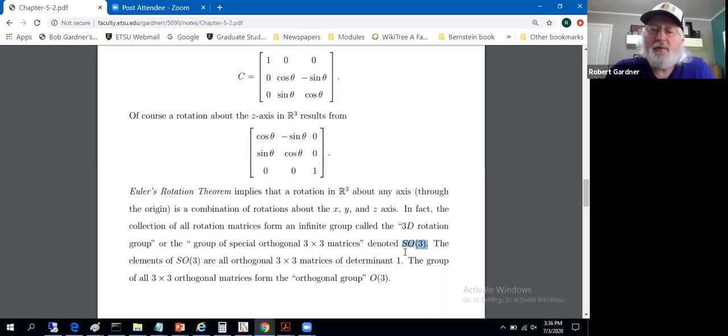Symmetry group of the sphere is what it is. The unit sphere in R3. The special orthogonal group is in fact a subgroup of the orthogonal group. I think we mentioned this when we did orthogonal matrices. Take all 3x3 orthogonal matrices, they form the orthogonal group, O of 3.